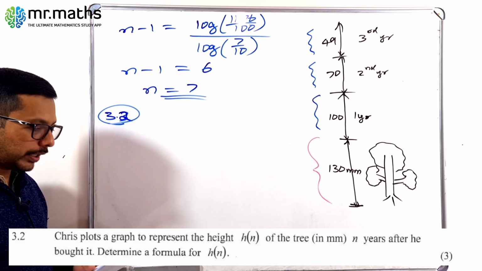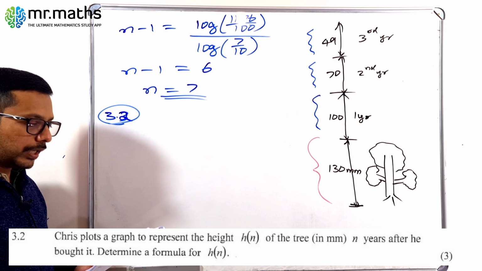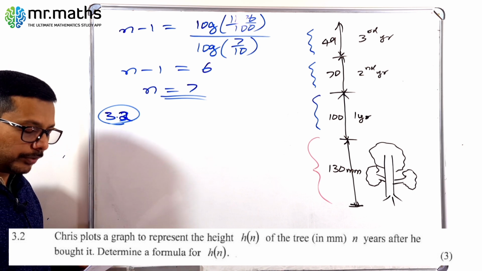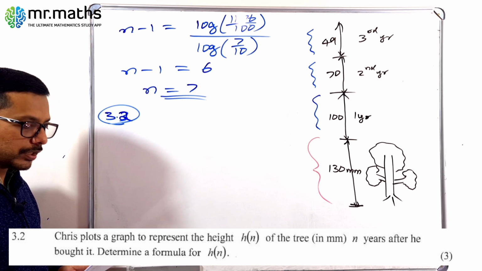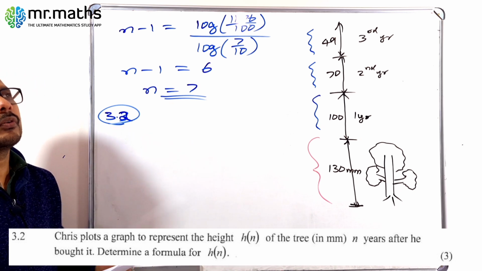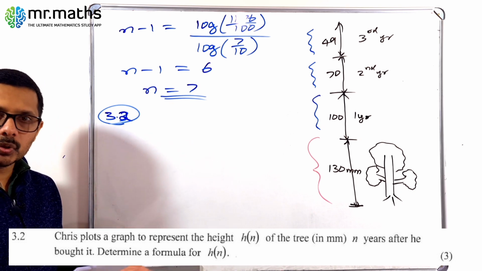Okay, so look at that question. Chris plots a graph to represent the height h of n of the tree in millimeters, n years after he bought it. Determine a formula for h of n. So n years, that means your answer is going to be in terms of n.